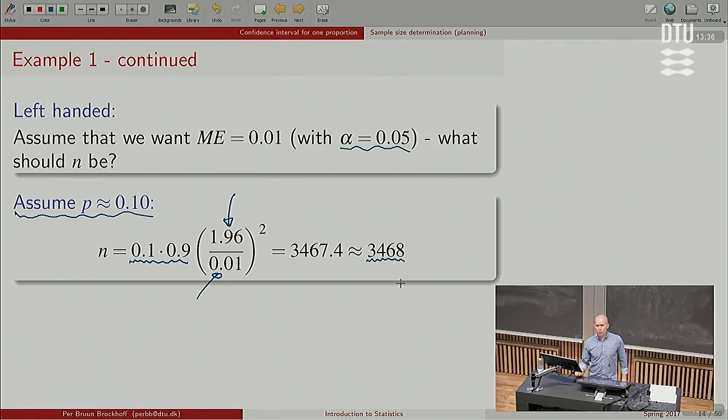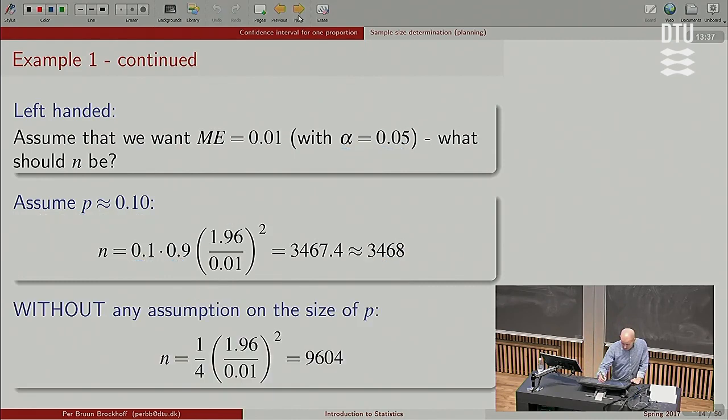So to know the proportion of left-handedness in Denmark with a precision of plus minus 0.01, plus minus 1 percentage point, I need to ask 3,500 people, or find some kind of database that at least has this amount of data to let me know. What if I was going for this without any assumption of the size of P?